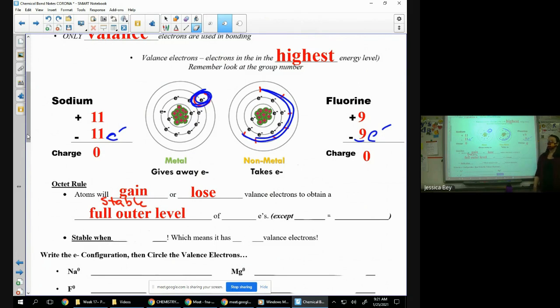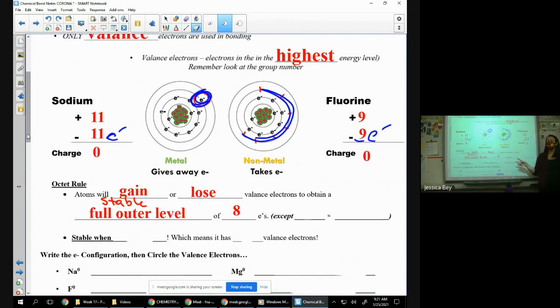Any guesses on how many that is? Like an octopus? 8. Okay. Everybody wants 8 valence electrons. Remember, electrons in the highest energy level.